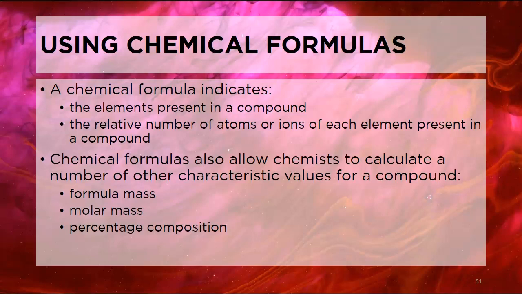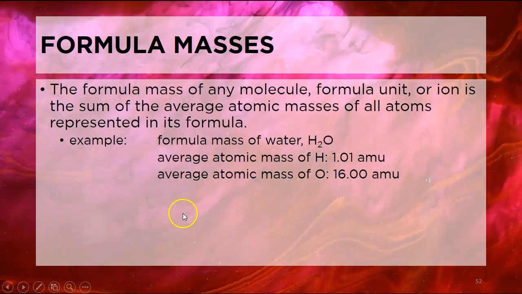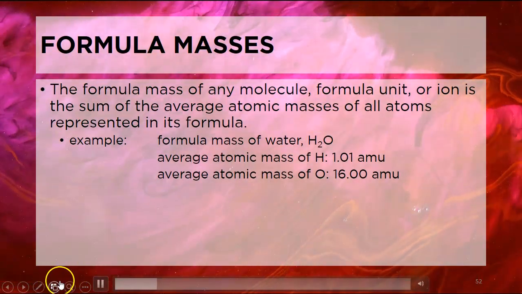We're going to look at formula mass and molar mass, which are two different things, but they do have the same value. Formula mass tells me how much a unit weighs. Molar mass tells me how many grams are in a mole, and those numbers are the same. And then we can also calculate percent composition. So let's try it with water.